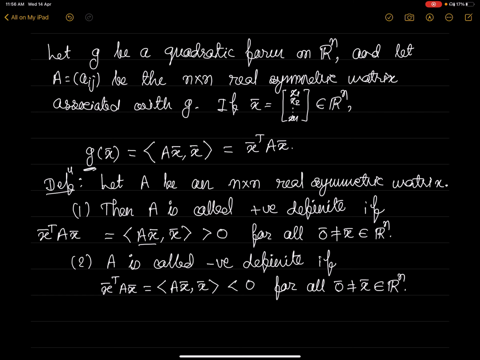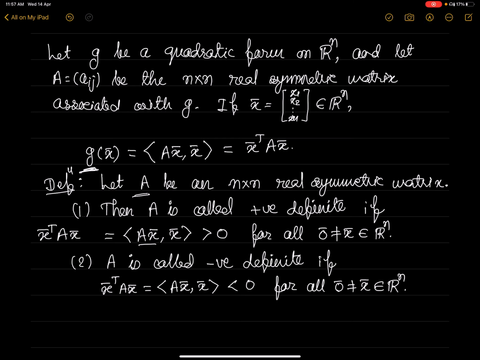We say that G is positive definite if G(x) is greater than 0 for all non-zero x. In the same way we say that G is a negative definite form if G(x) is less than 0 for all non-zero x. So either we define it for an n cross n real symmetric matrix or for a quadratic form, they are one and the same.